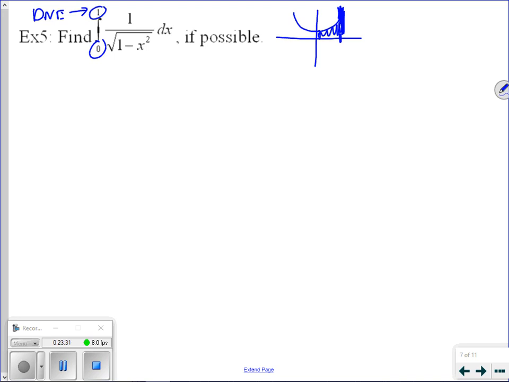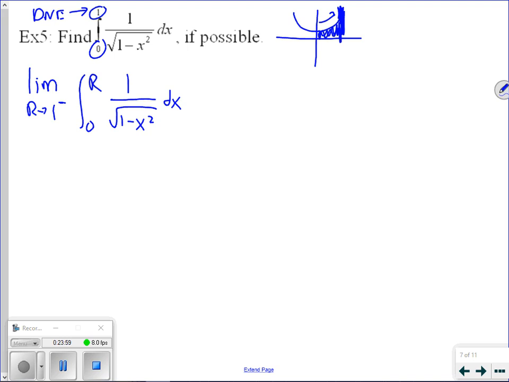So if I'm graphing this area, I'm approaching that upper bound 1 from the left side. So this is going to be the limit as r approaches 1 from the left of the integral from 0 to r of 1 over the square root of 1 minus x squared dx. That's the point here, to set it up that way.